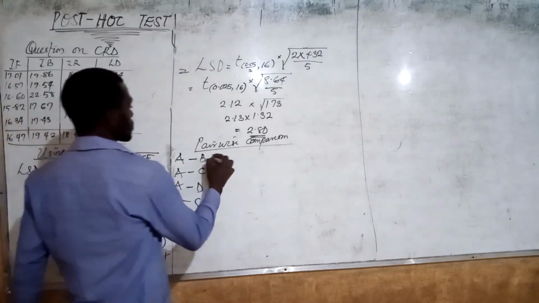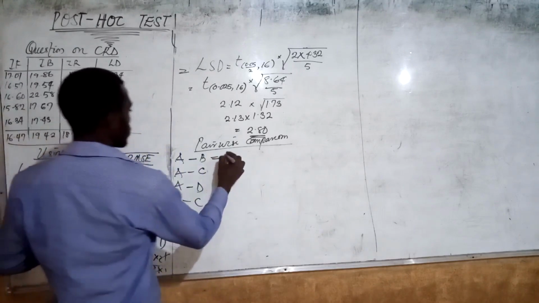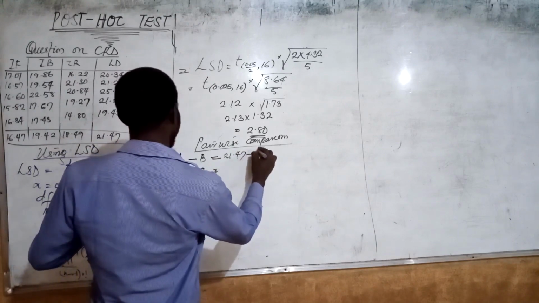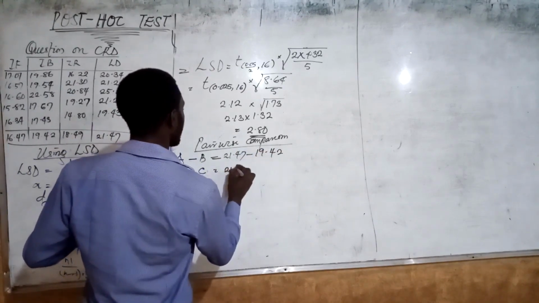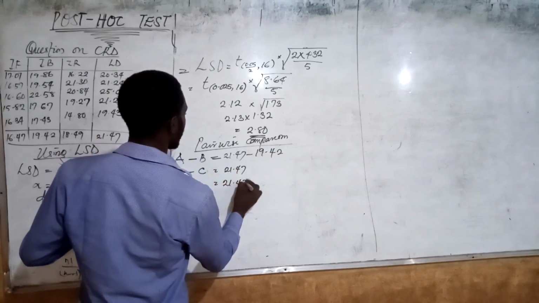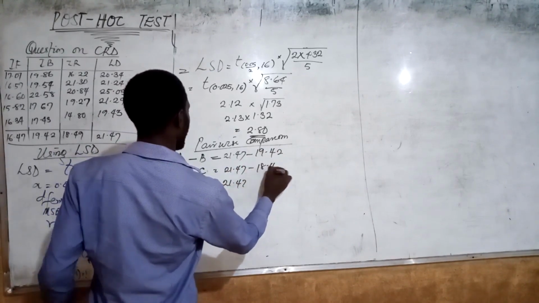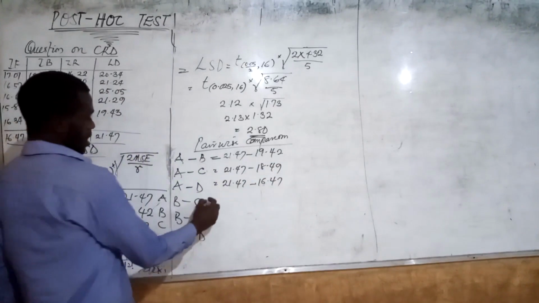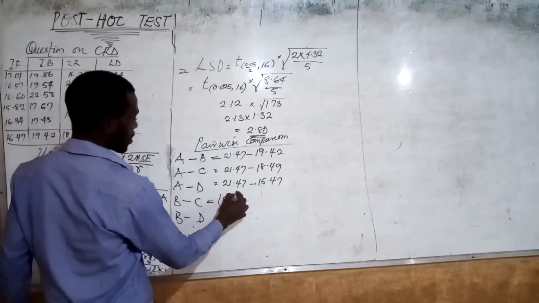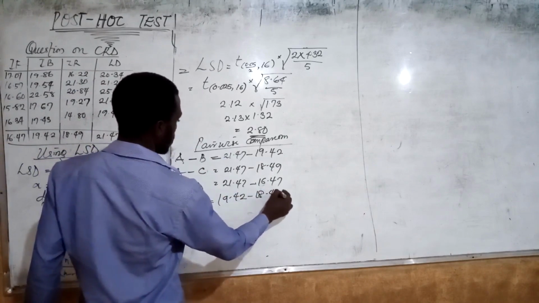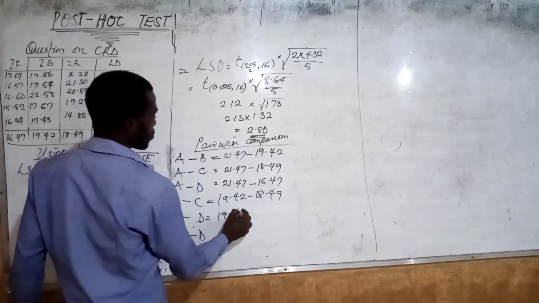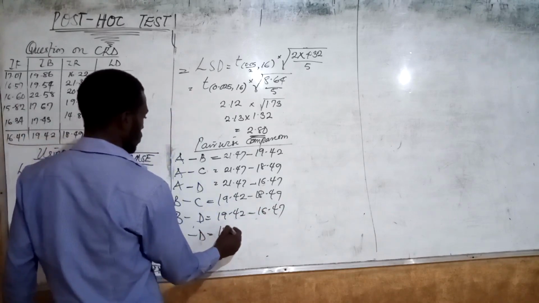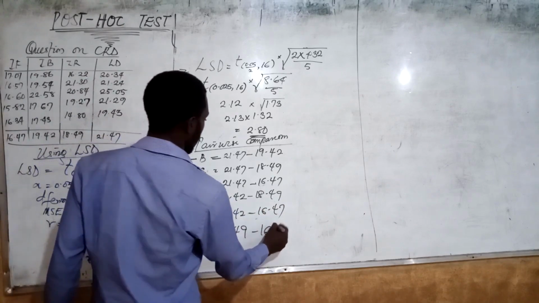Alright? So let's compare. A minus B, that's 21.47 minus 19.42. Then 21.47 minus 18.49, and 21.47 minus 16.47. You saw what I did? The next one will take B: 19.42 minus 18.49, 19.42 minus 16.47, and then 18.49 minus 16.47.